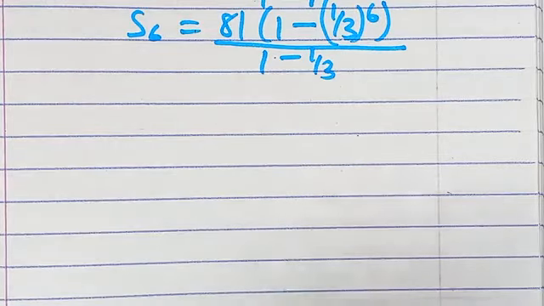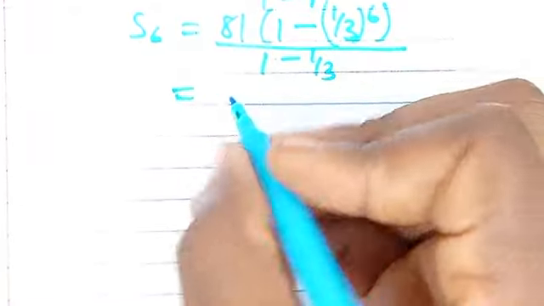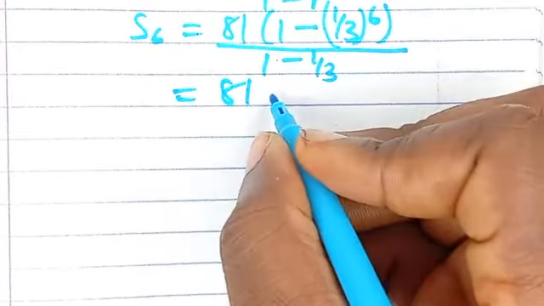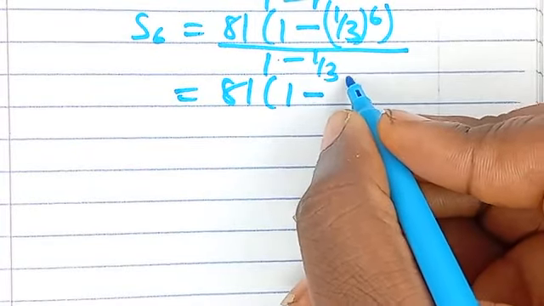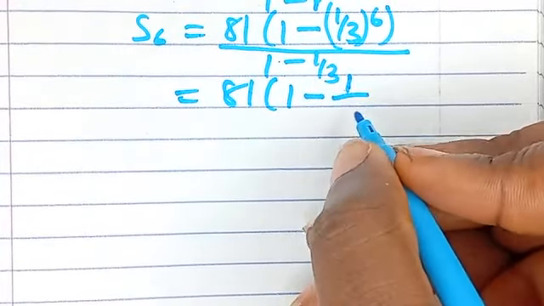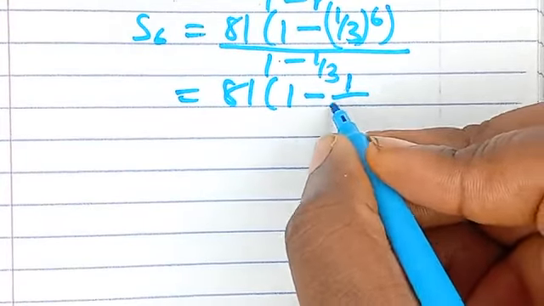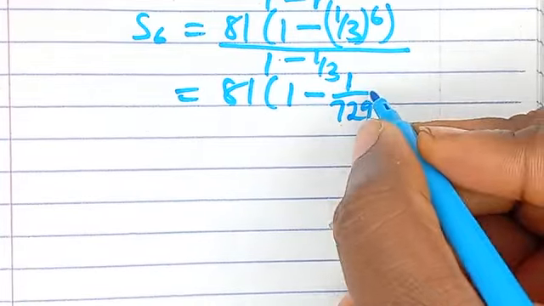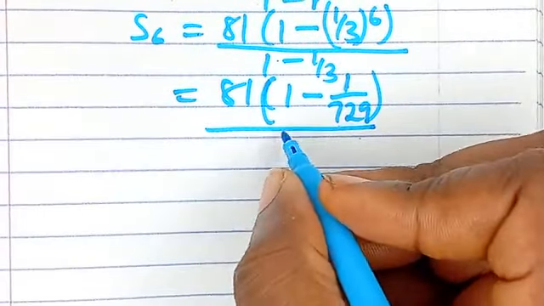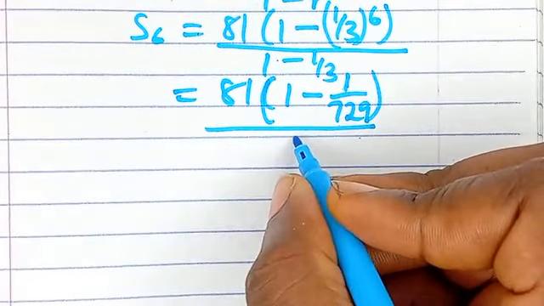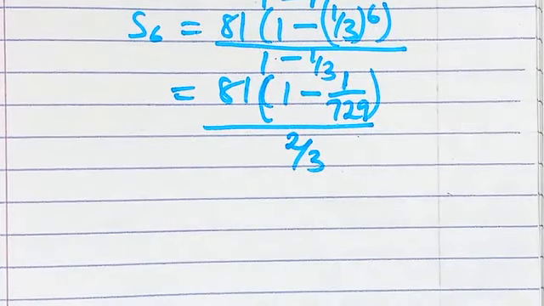Okay, we open up brackets. We have that this is equal to 81 into 1 minus 1 raised to power 6 is 1. 3 raised to power 6 is 729. So this is what we have over 1 minus 1 over 3 is 2 over 3. Wow. Okay.